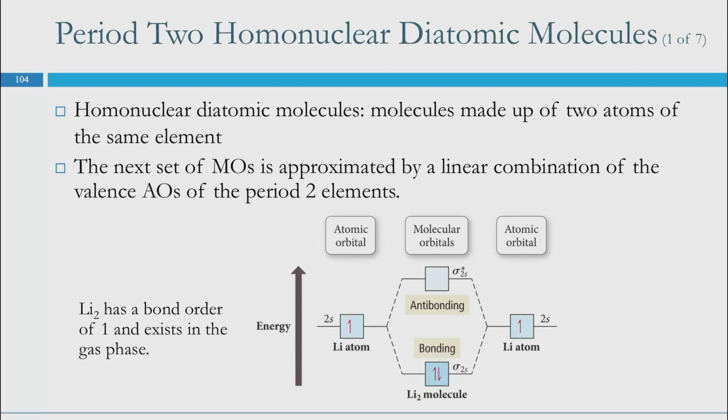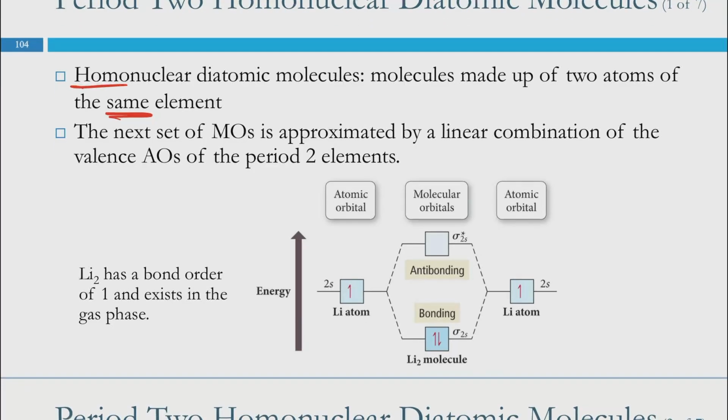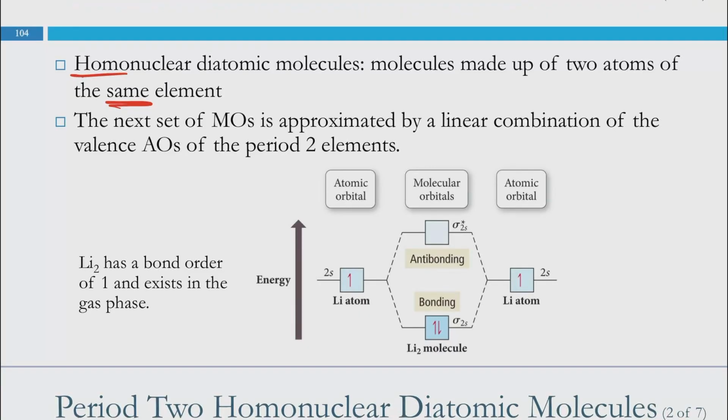We can also do stuff with bigger atoms. So moving down to period 2, homonuclear diatomic molecules, just we have the same nucleus, the homonuclear part. So we're using the same element. All right, so the next set of molecular orbitals that we come up with, we've got 2s, and those are going to combine just like our 1s.